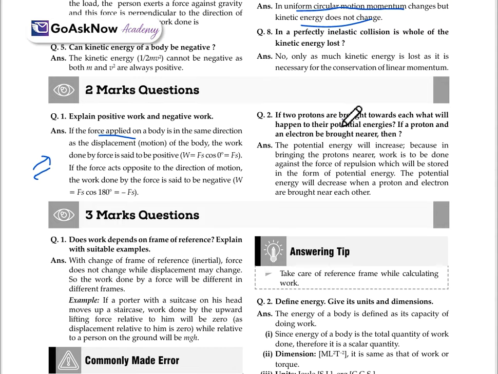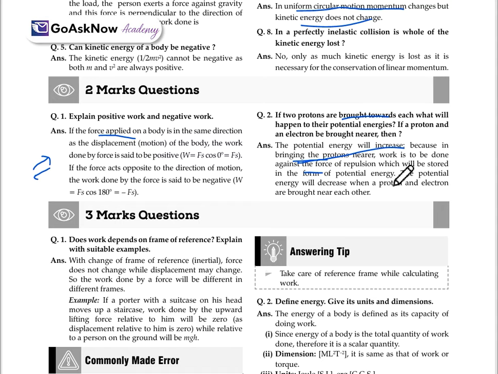If two protons are brought towards each other, what will happen to their potential energy? The potential energy will increase, because in bringing the protons nearer, work has to be done against the force of repulsion, which will be stored in the form of potential energy.